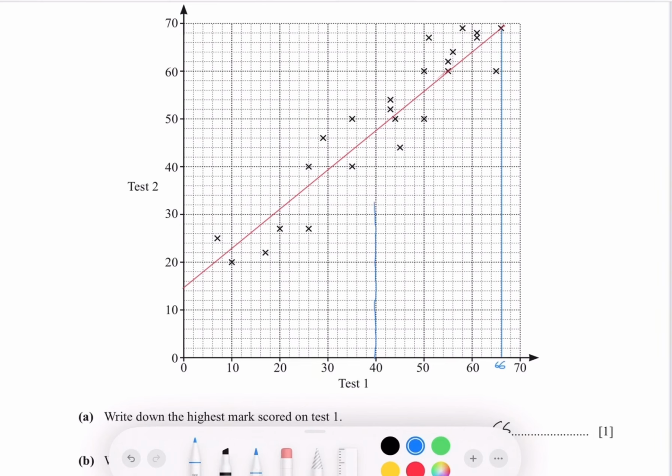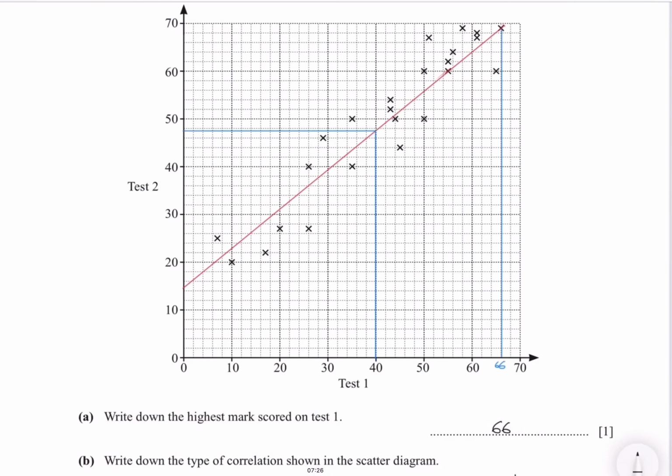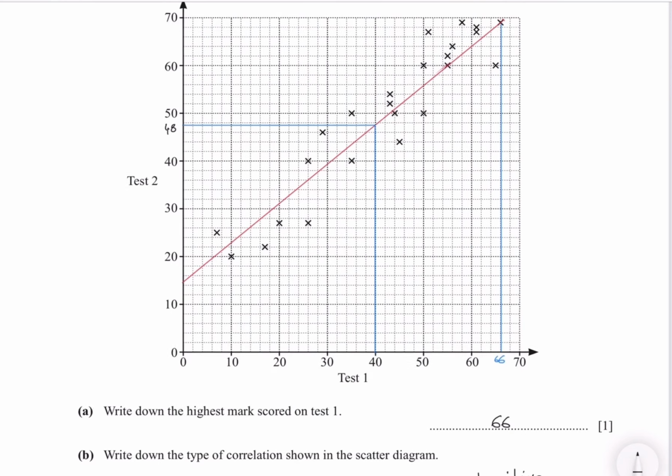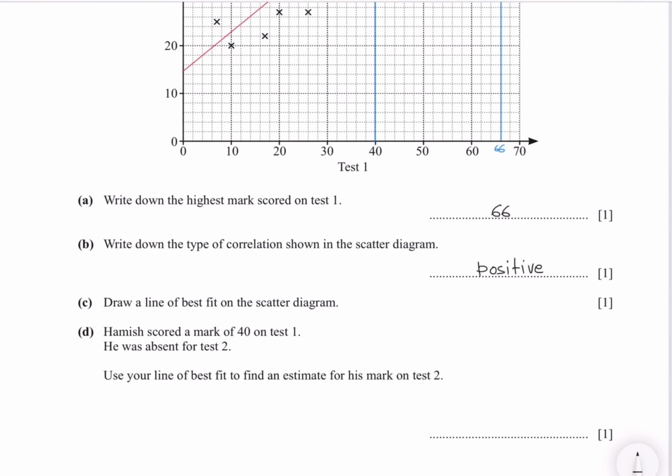So from 40 you draw a line, touch the line of best fit, and from there you go to the corresponding marks on the y-axis. So this is almost, you can say, 48. This value can vary according to the drawn line of best fit.